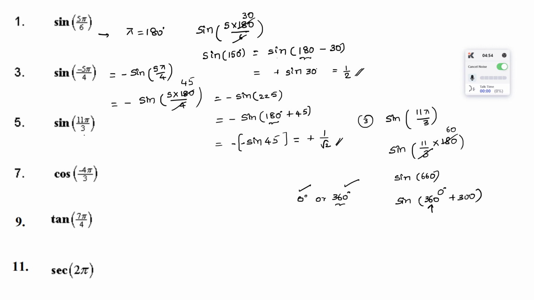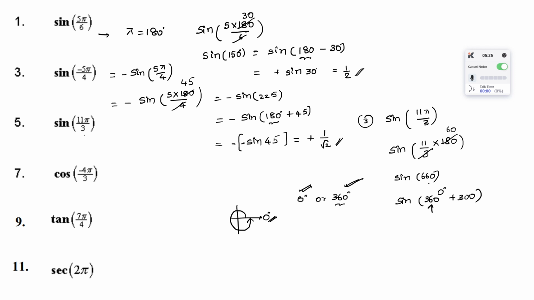Remember very carefully, in trigonometry, the system where we are measuring angles, 360 degrees means nothing but 0 degrees, because 360 or 0 means one and the same. 0 degrees means at this point. 360 means completing one full rotation and again coming to the same point. So that means 0, 360 and multiples of 360 like 720, 1080, all are one and the same.